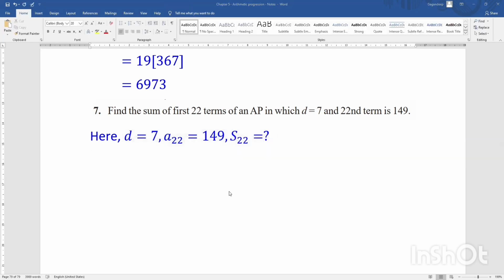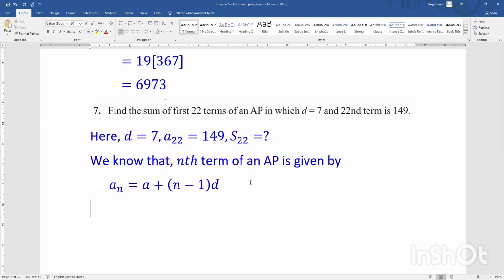Now we know that an is equal to a plus n minus 1 into d. So now I'm going to write down a22. For a22, I put n as 22: a plus 22 minus 1 into d, where d value is 7. And then a22 we can replace with 149.